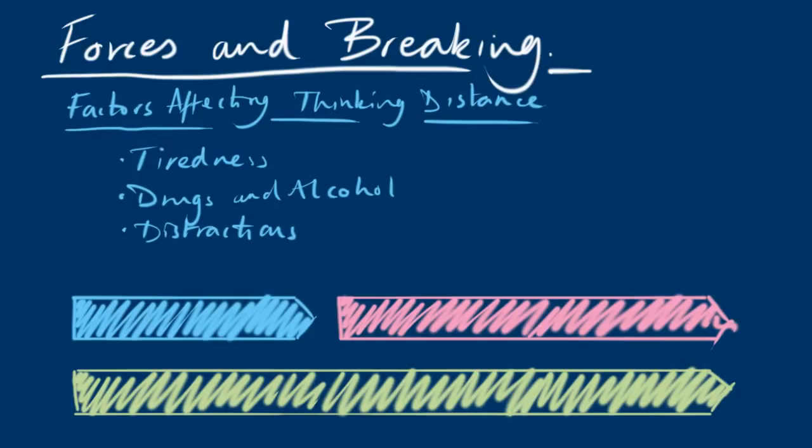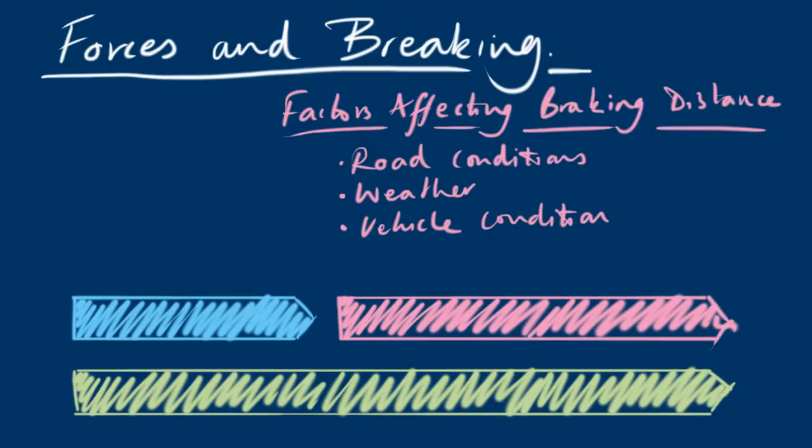But also there are factors which affect the braking distance, and those could be road conditions, weather conditions, or vehicle condition. So is the road well maintained, or is the weather wet or icy? And are the brakes or the tyres in good condition on the car itself?